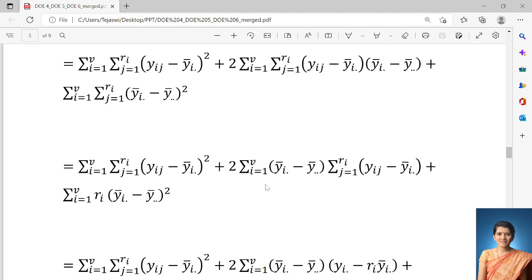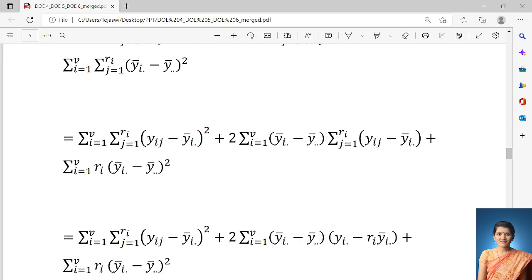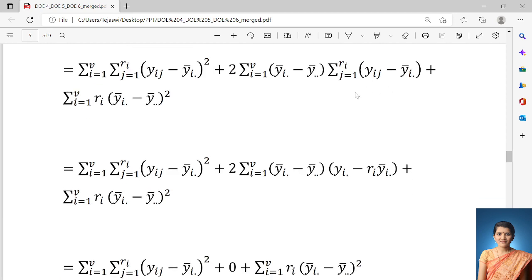After simplification, we get this term as it is, and this summation gets entered. The summation of Yij over j is yi dot, and entering here, since there is no j term, it is Ri into yi dot bar, plus this term as it is.